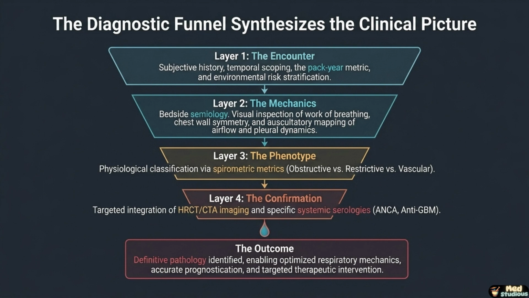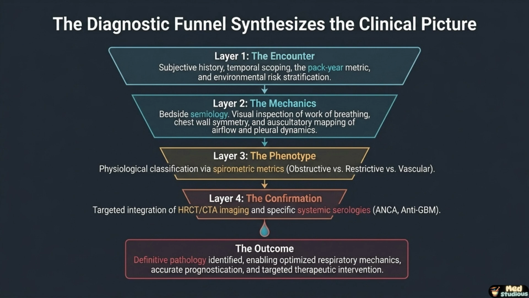Layer 3 is the phenotype, using spirometric metrics to classify disease as obstructive, restrictive, or vascular in nature. And Layer 4 is the confirmation, targeted integration of advanced imaging like HRCT or CT angiography alongside specific autoimmune serologies like ANCA or anti-GBM testing.